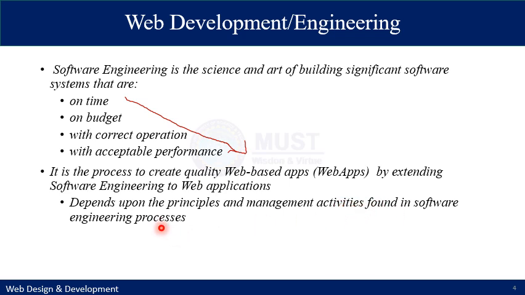So whichever model you use, you have to follow the principles and management activities of that model. For example, if you use the waterfall model, you have to follow the principles of the waterfall model, and if you use an iterative model, you have to use those activities.